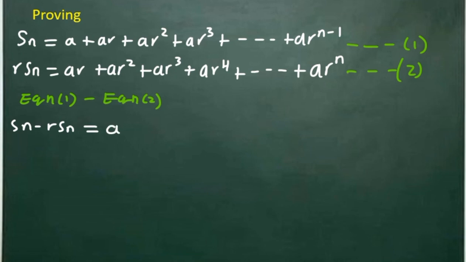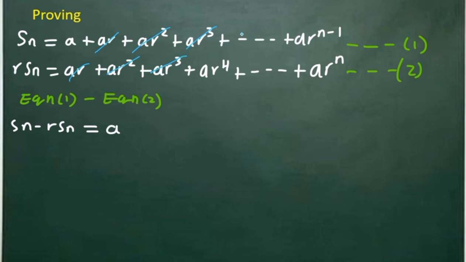Now ar minus ar is gone, ar squared minus ar squared is gone, ar cubed minus ar cubed is gone.